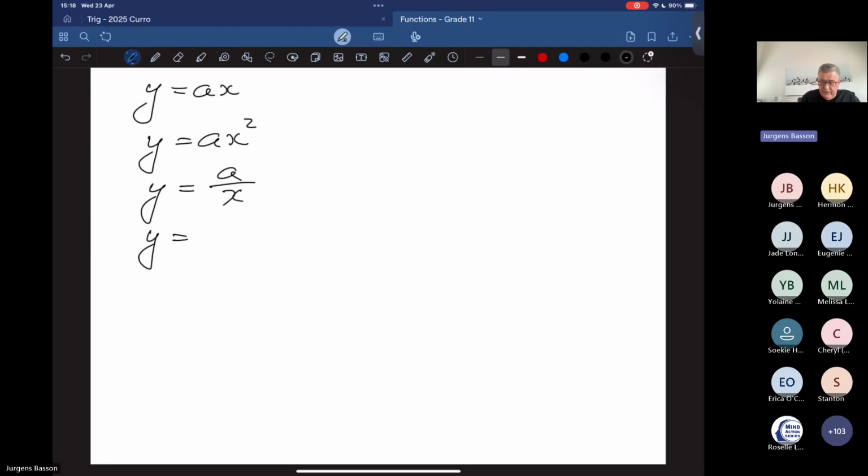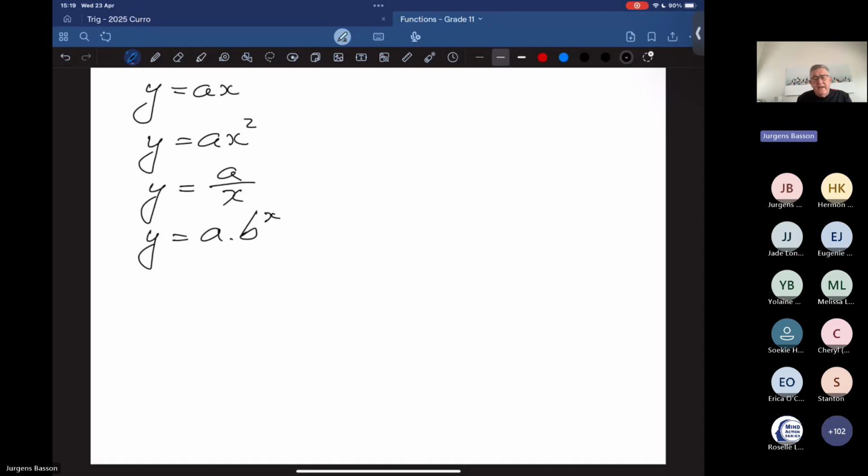And then for the exponential, we will say y equal to a times b to the x. So these are all the a parameters on all four of them. It's important the learners must understand what happens to the graph, what happens to the linear, the straight line, if I change a, to the parabola if I change a, to the hyperbola if I change a, and to the exponential if I change a.